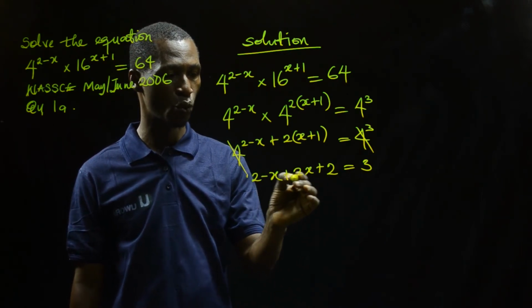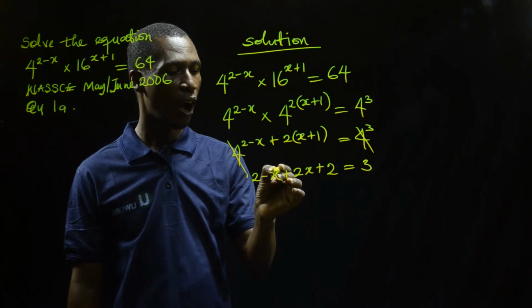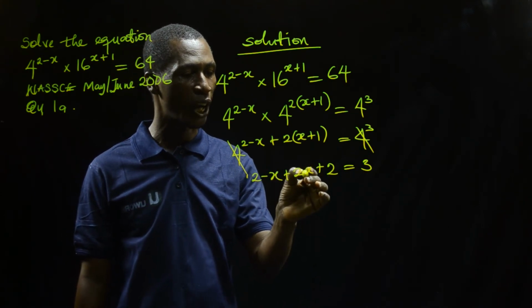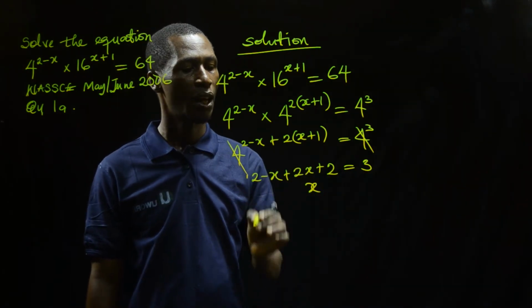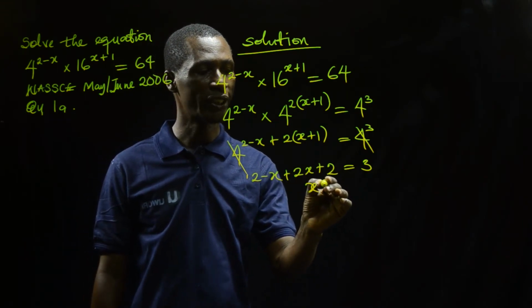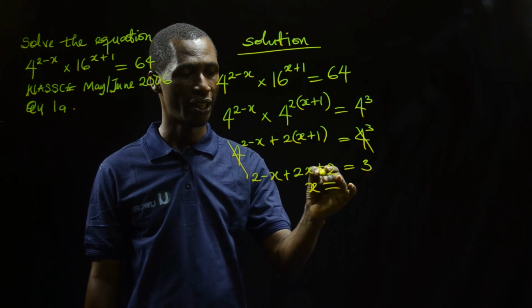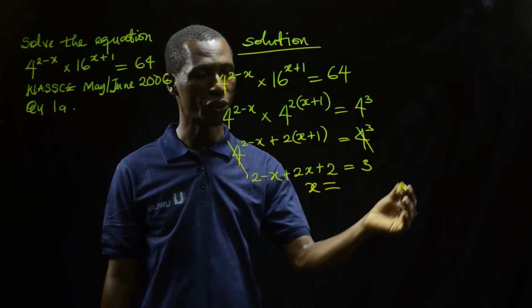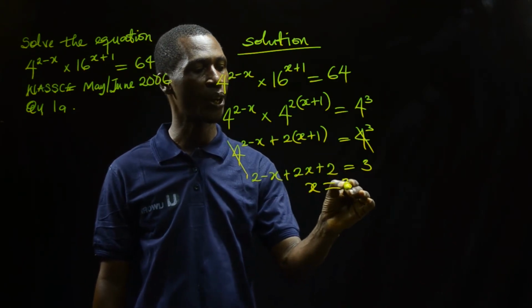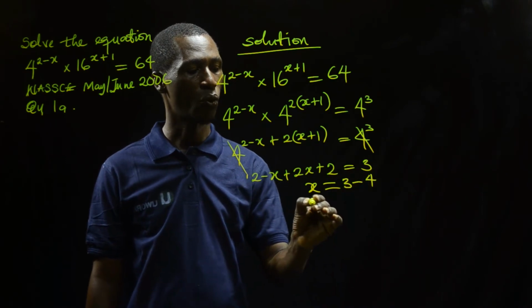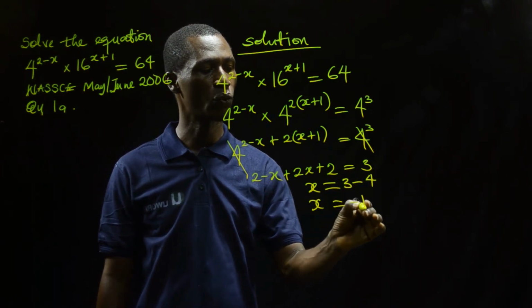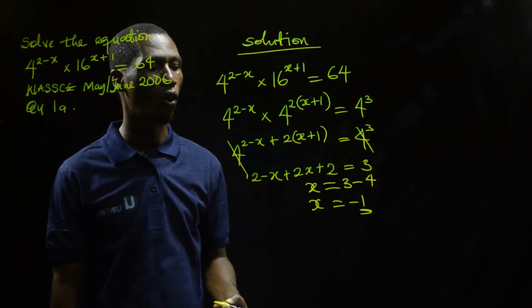The minus x and 2x reduce to give me x, and 2 plus 2 will give me 4. Let it cross the equal sign. It is positive here, so 4 will be positive here. When it crosses, it becomes negative. So I'm going to get 3 minus 4. So x equals minus 1. So this will be the value of the equation.